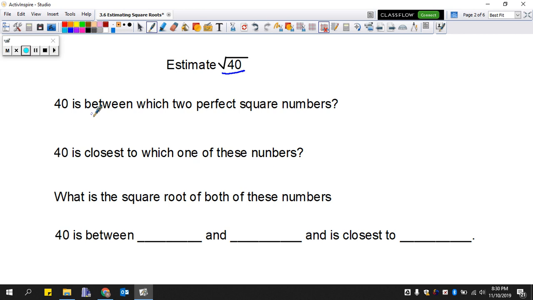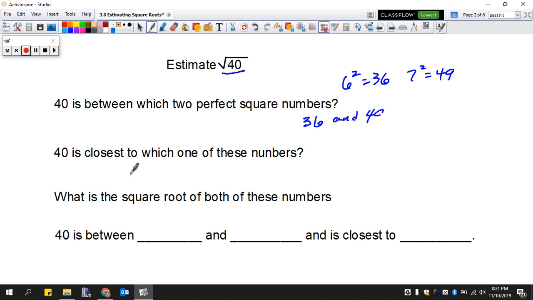So 40 is between which two perfect squares? If we refer back to our notes, we can see that 6 squared is 36, and 7 squared is 49. So 40 is between 36 and 49.